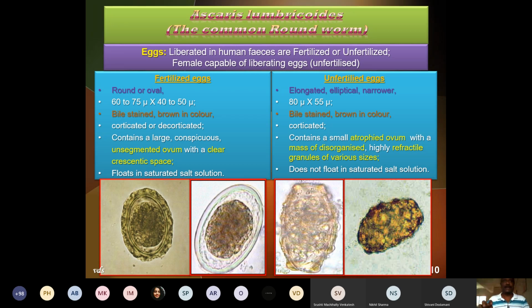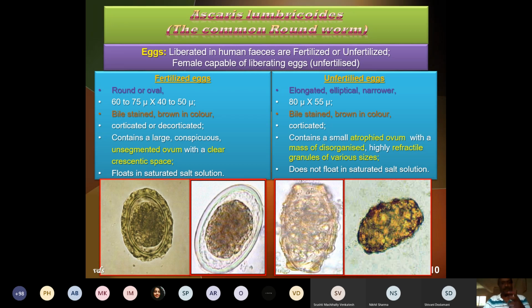So if these two eggs are dropped into saturated salt solution, the fertilized eggs, having a crescentic space, float on the saturated salt solution. Whereas the unfertilized egg, being heavier, sinks to the bottom of the saturated salt solution.